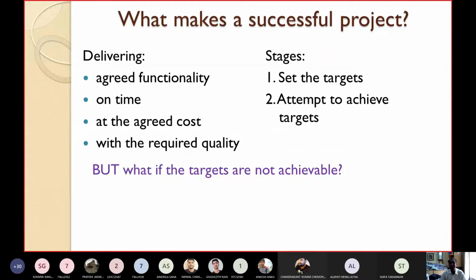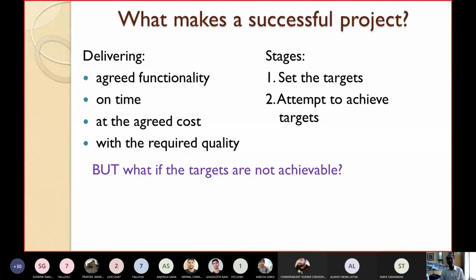You are trying a lot, you have put in your best effort and huge attempts, but in spite of all that, the targets are still not achievable. So what will happen? If the targets are not achievable, what should you do? How do you make the project successful? These things are the subject matter of today.